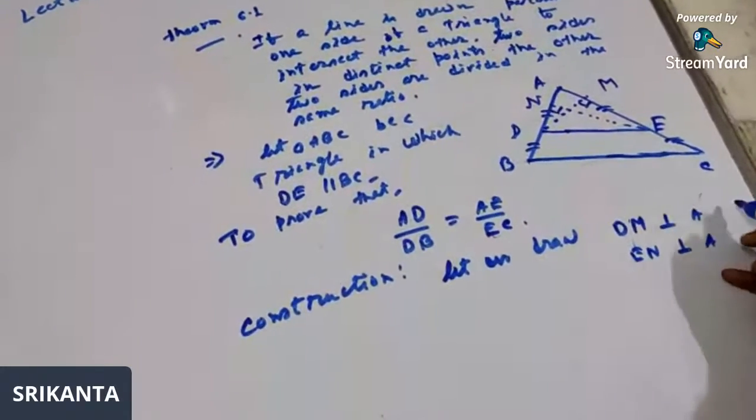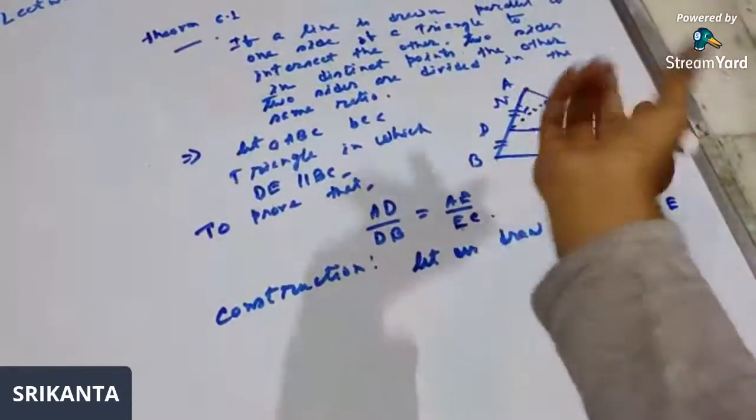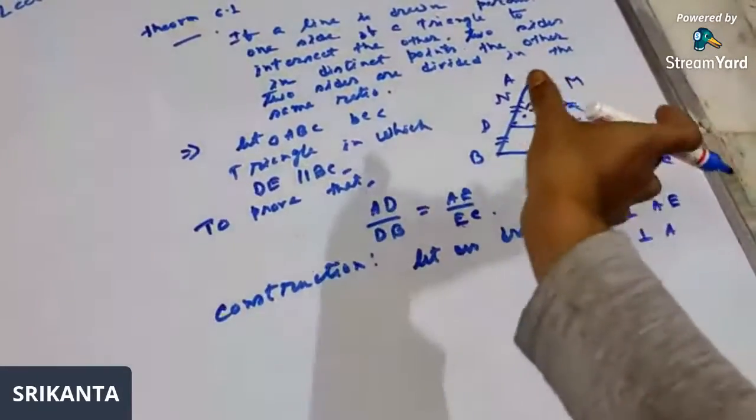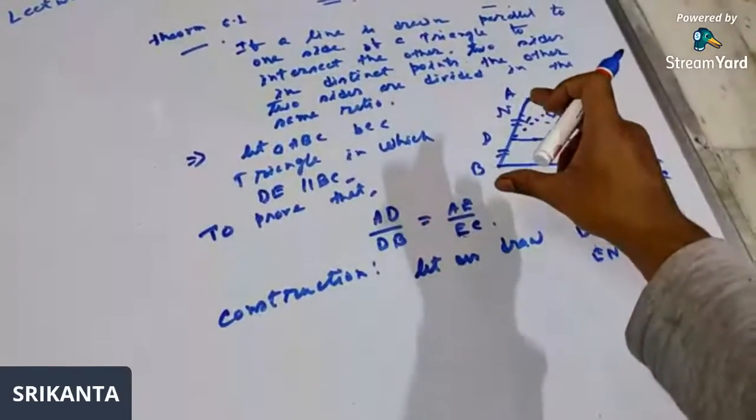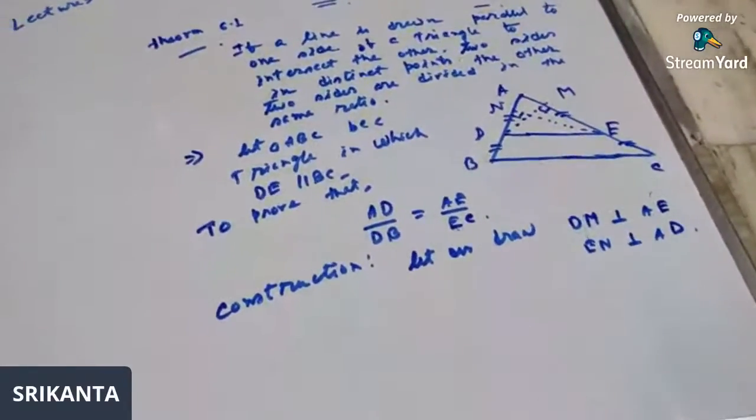Instead of AC, write AE because we will need AE, same line, and instead of AB, we write AD. Clear? Okay.